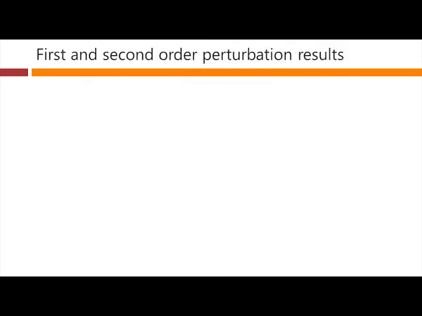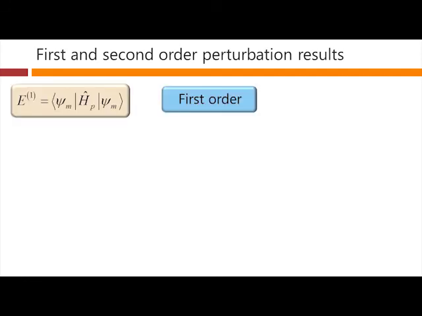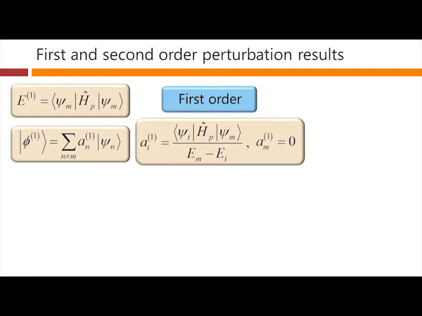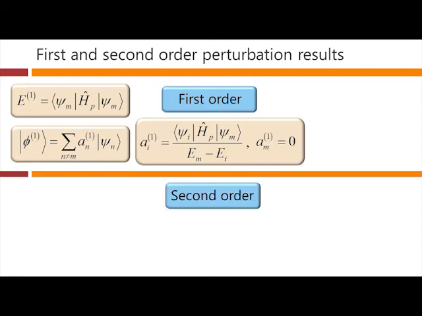So let's summarize our first and second order perturbation results. For first order, we have that the energy correction is given by this expression, and the wave function correction is given by this one, where our expansion coefficients ai1 are as follows, with the exception that am1 is chosen equal to 0. And in second order, we have this simple expression for the second order energy correction, where we have the first order wave function correction in here.